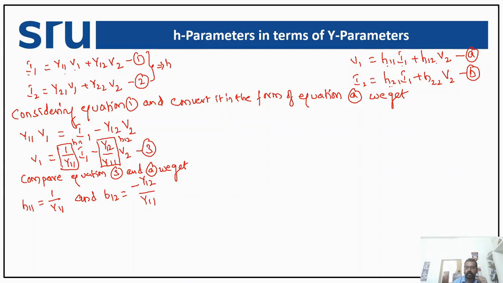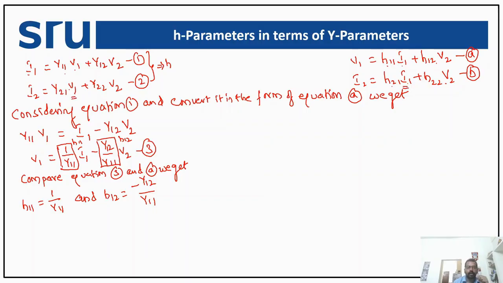If you observe this equation, we have two current terms and one voltage term. But if you observe equation 2, we can say that we have one current term and two voltage terms. If you compare cleanly, we require the I1 term instead of V1.